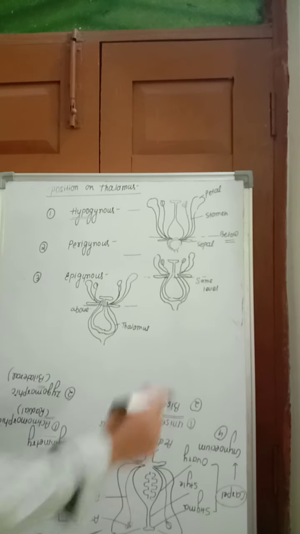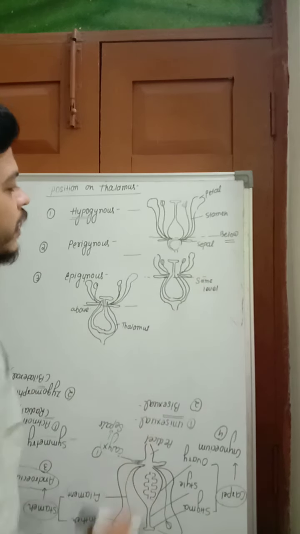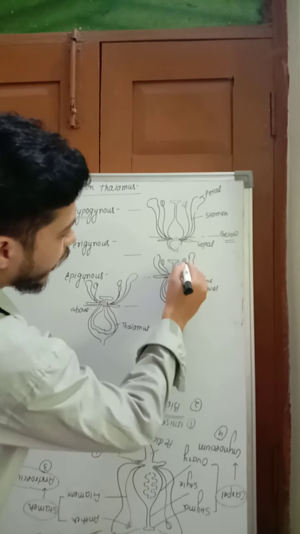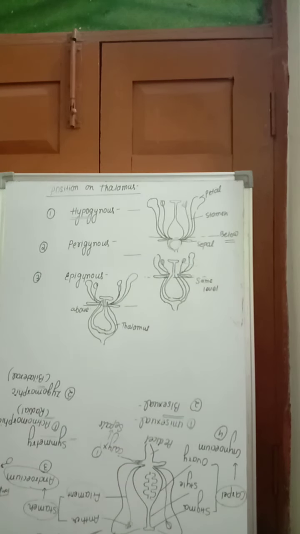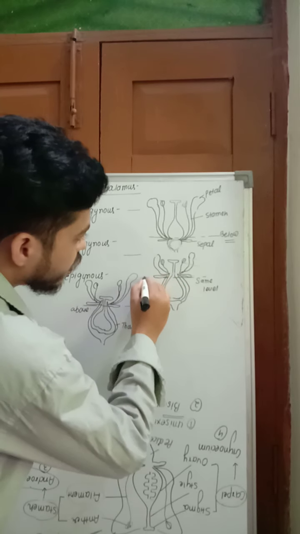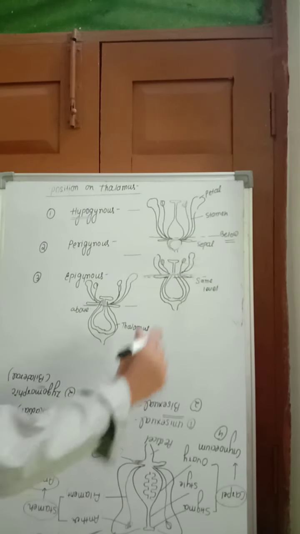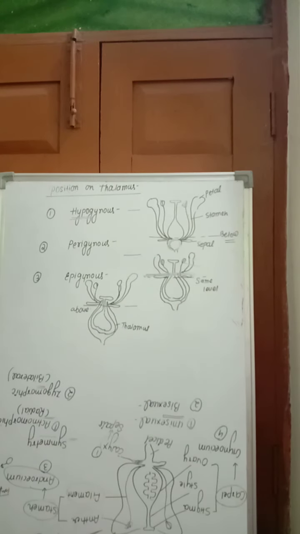Perigynous is when sepals, petals and androecium or stamens are located at the same level as the ovary, that is called perigynous.